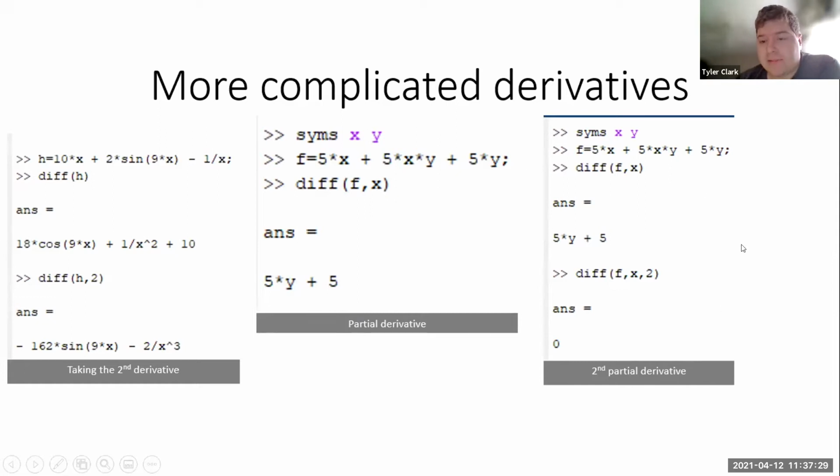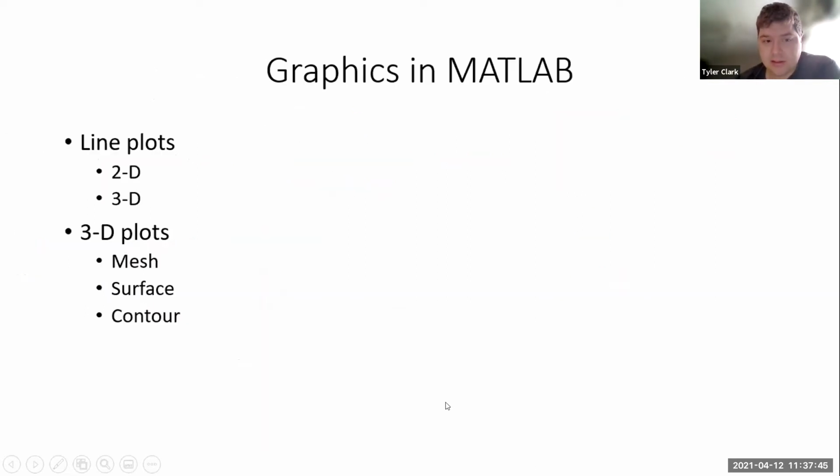And you can do the same thing with the second partial derivative. In this case, it's the same as the previous one, but diff f comma x comma 2. In this case, the answer is 0 because that's how it was this time.